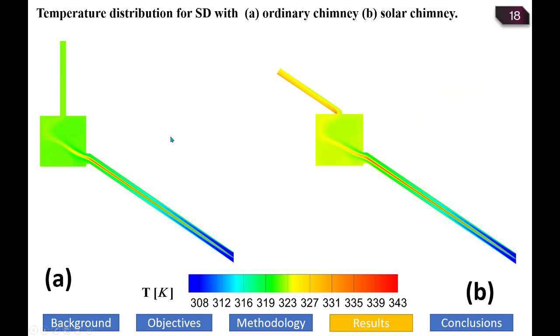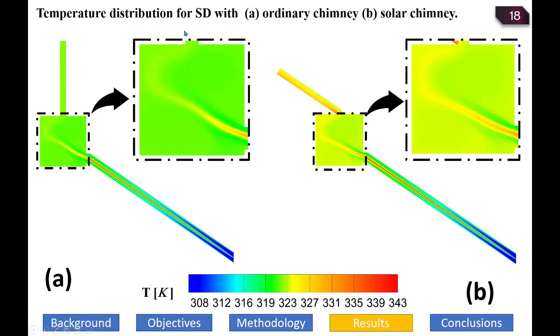In this slide, we present the temperature distribution for the solar dryer with ordinary chimney and the solar dryer with solar chimney. The aim of adding or replacing the ordinary chimney by a solar chimney is to enhance the air velocity inside the drying chamber.